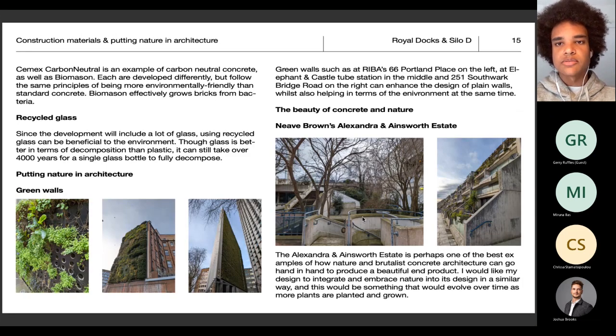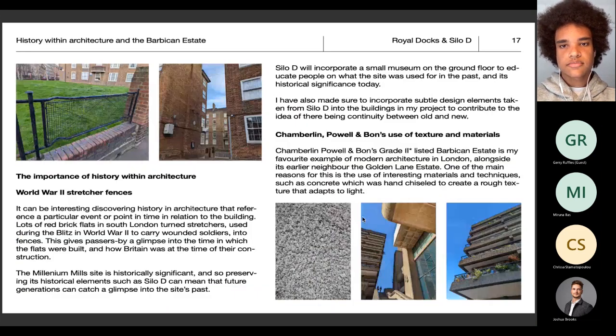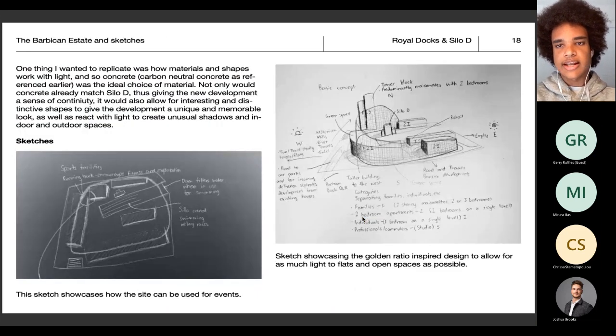And then this is some more investigation into materiality. I wanted to incorporate nature into the finished design. And then some sketches, a golden ratio design so that flats get enough light and air and open space.